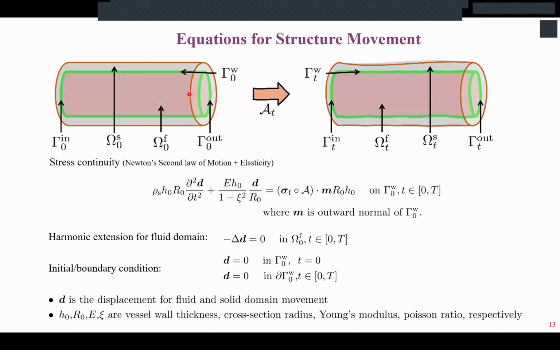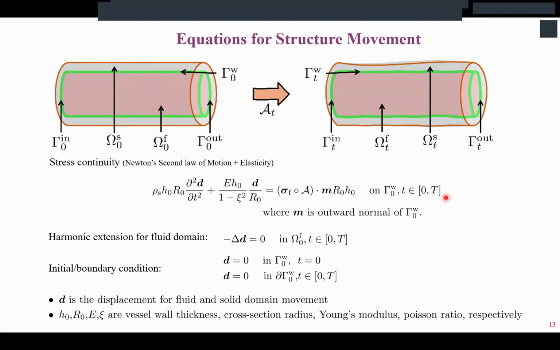Other than this fluid domain part, we also have the stress continuity, which is a model for the interface of the vessel wall. Since there is deformation of the vessel walls, the model for the vessel wall is described by this stress continuity.